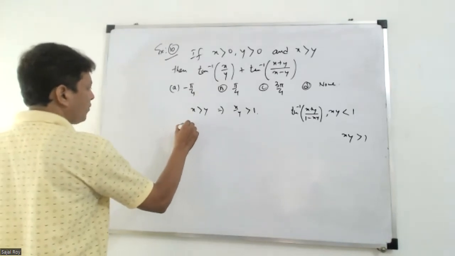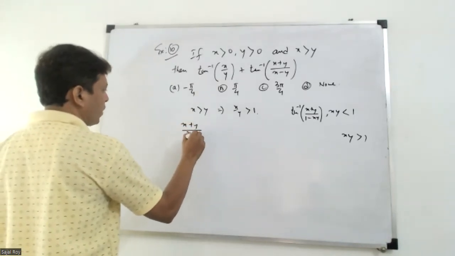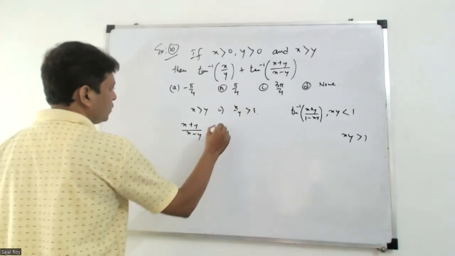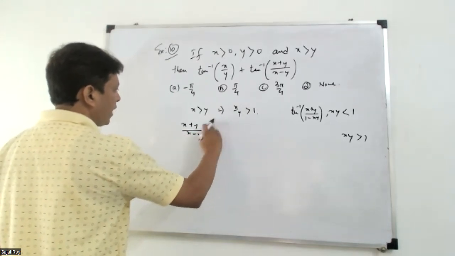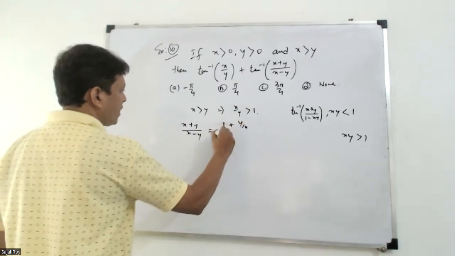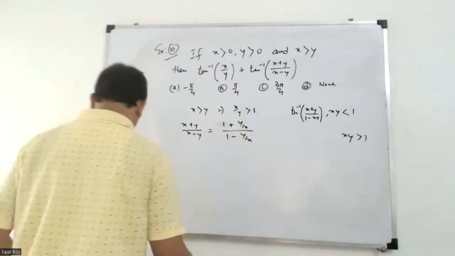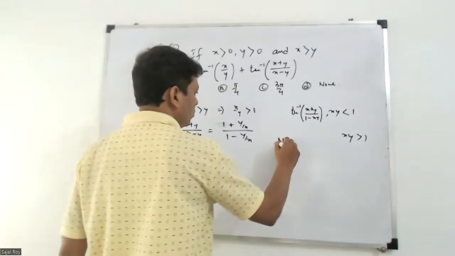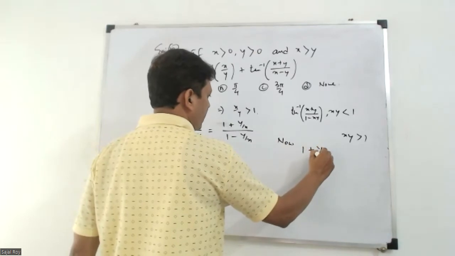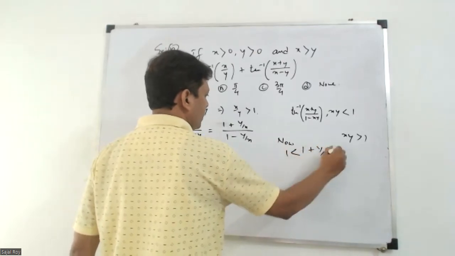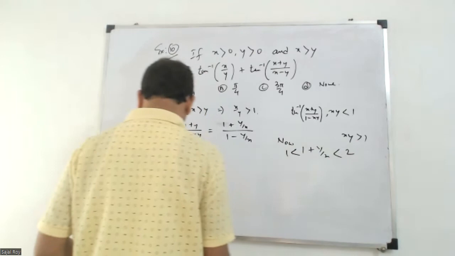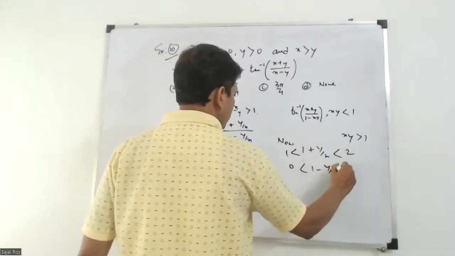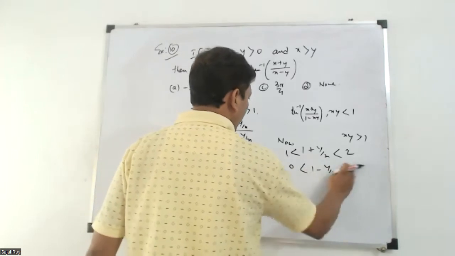And you have x plus y by x minus y. So I'm writing 1 plus y by x by 1 minus y by x. Now 1 plus y by x is between 1 and 2, and 1 minus y by x is between 0 and 1.